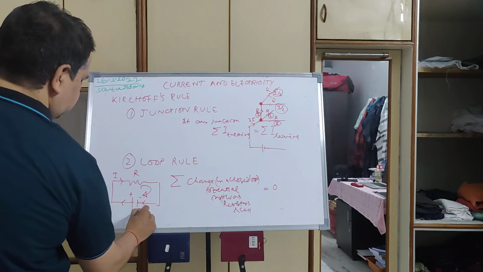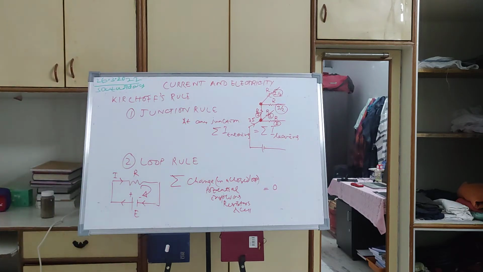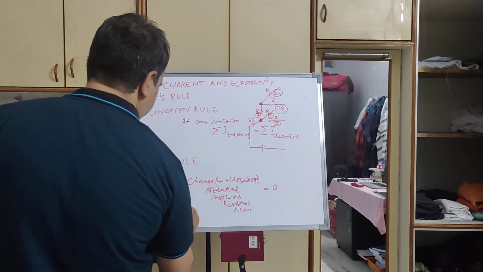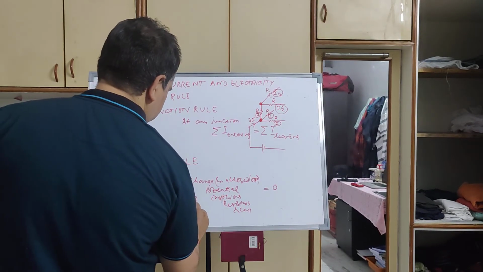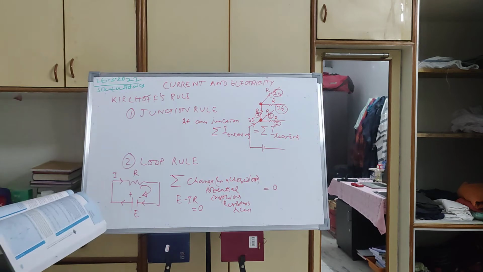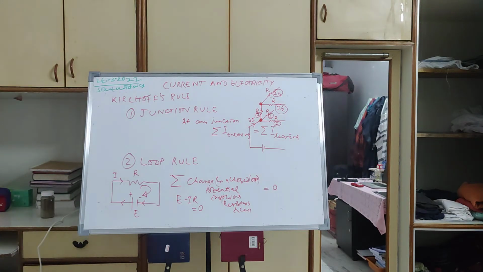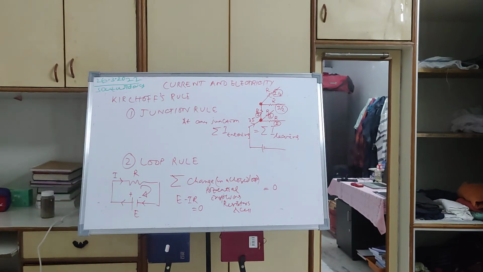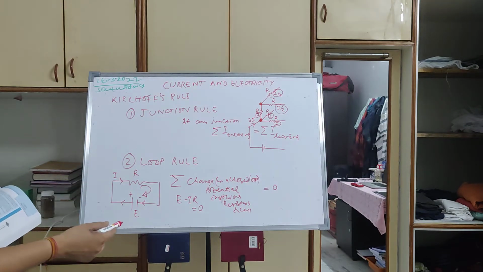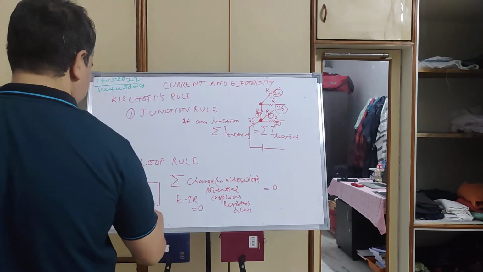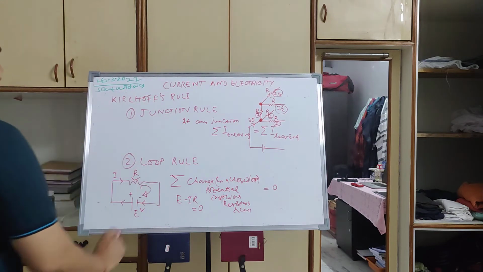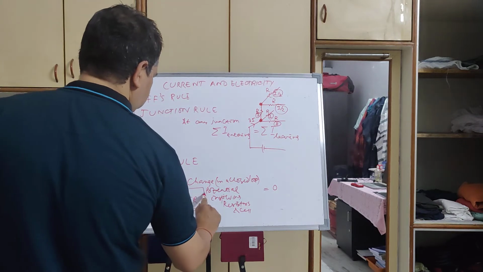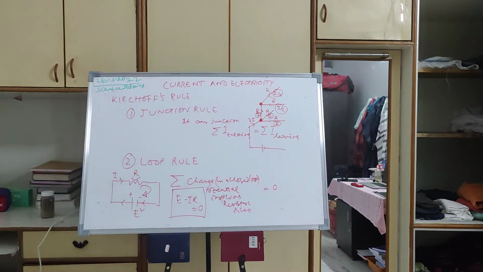So E minus IR is equal to 0. Take the change in potential in this direction. This is a cell, this is a resistor, so the change in potential is equal to zero.